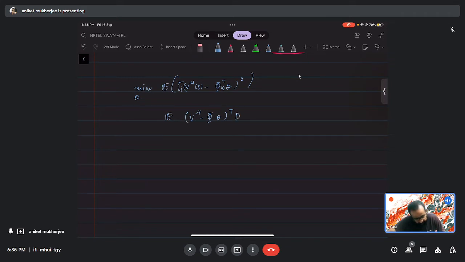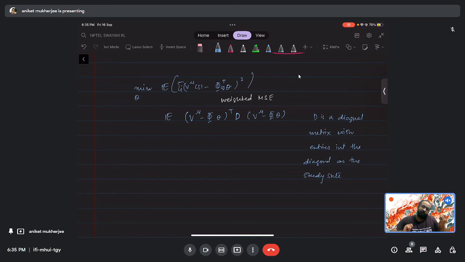I'm writing the weighted mean square of this, where D is a diagonal matrix with entries in the diagonal as the steady state distribution.